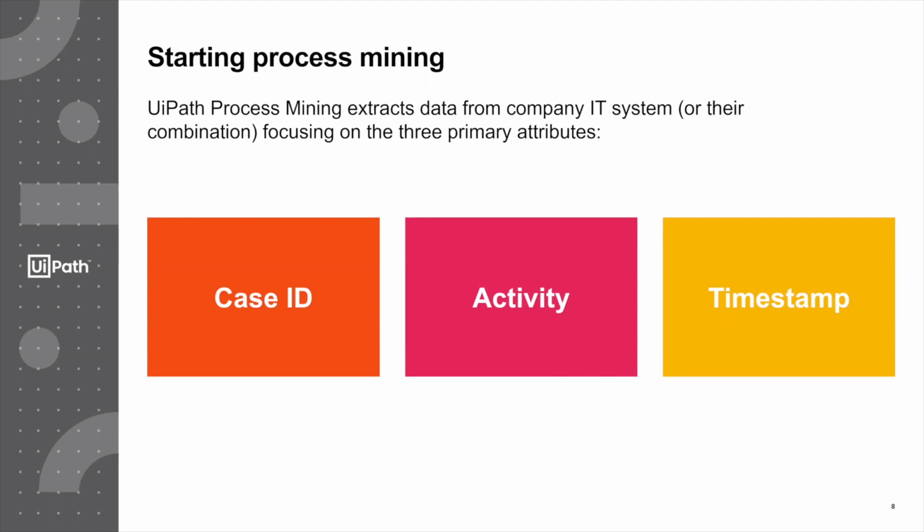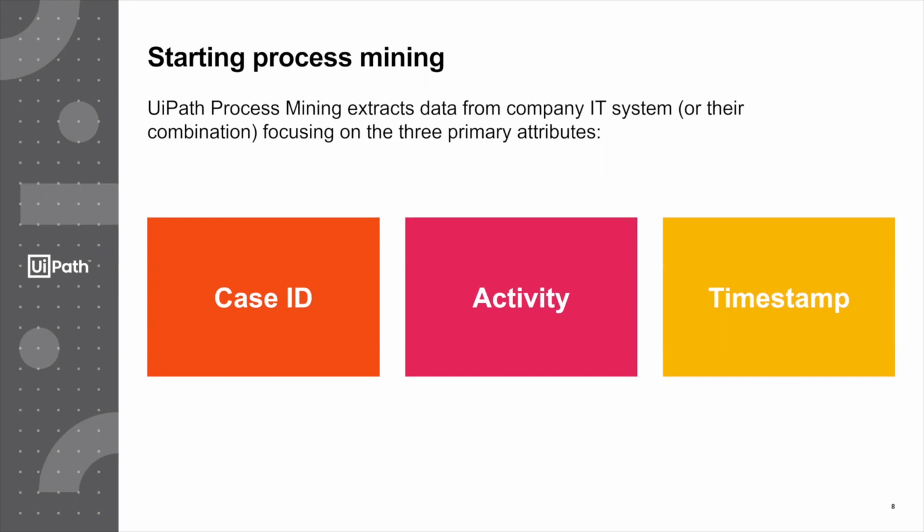So for instance, when that specific invoice was paid, when that specific invoice was approved, or when, for instance, we collected additional data for that invoice. During the execution of the project, we usually see a lot more data being used. For instance, the user that's responsible for the invoice, that may be actually a normal human user, or it could be a robot that's executing that activity.